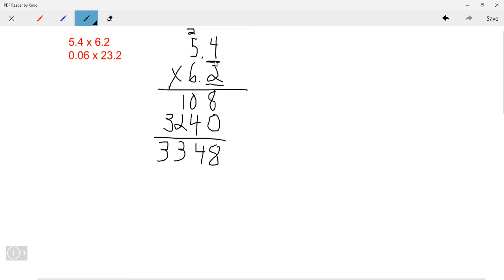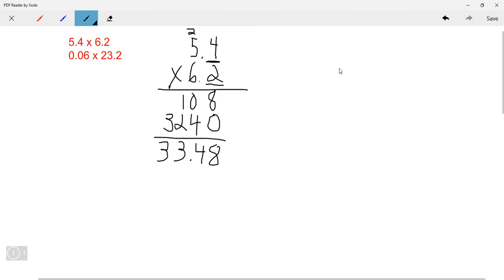But there are 2 digits past the decimal. And that means that we have to move the decimal 2 digits over. So the answer is 33 and 48/100. That's all it is. You do the normal algorithm, and then all you do is move it over the amount of digits that are on the right side of the decimal.